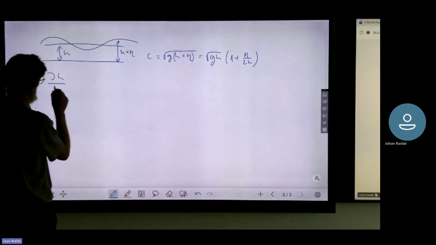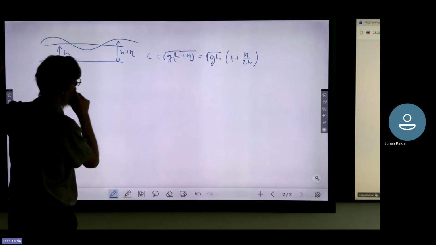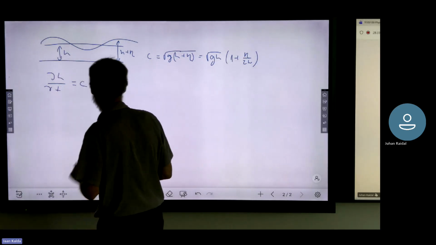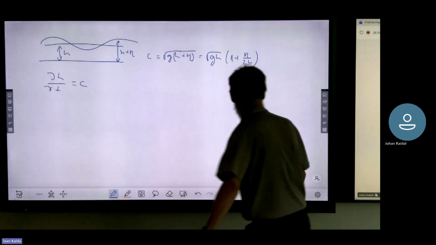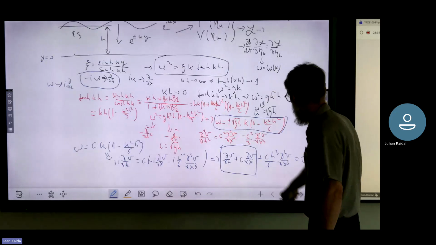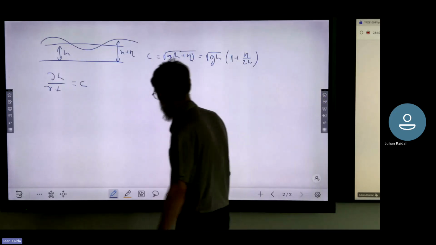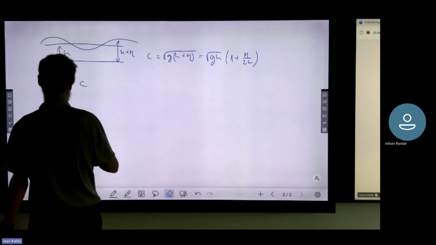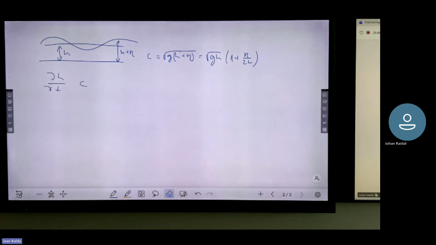So dh over dt equals c. Let me see. Yeah, I had everything on the same side, so not equals but plus. It doesn't matter, in the sense that if I change sign, I go from a left propagating wave to a right propagating wave.